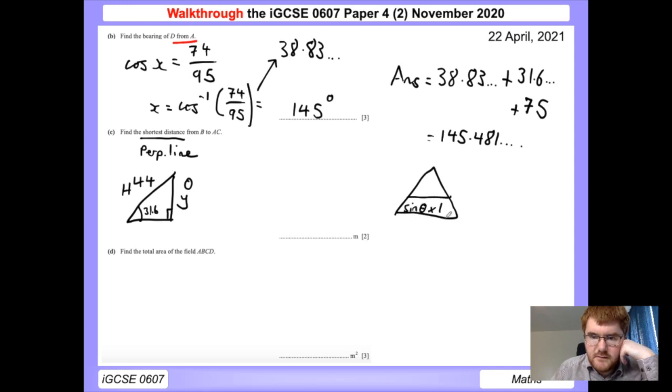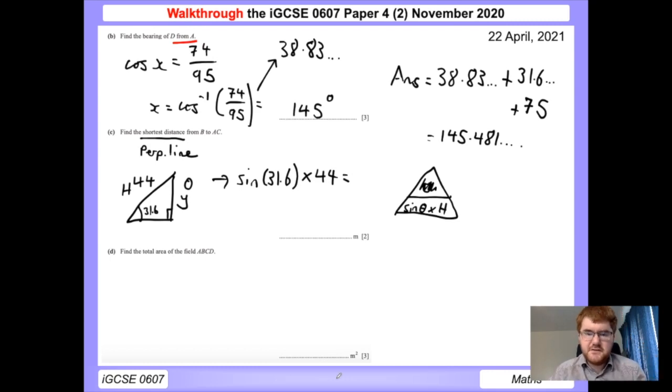So we're going to use the sine triangle: sine theta times H and O. We're looking for the opposite, so we cross this out. We do this calculation. So our answer is going to be sine 31.6. You can use the rounded version because this was given in part A, times 44. And now we work that out on our calculator.